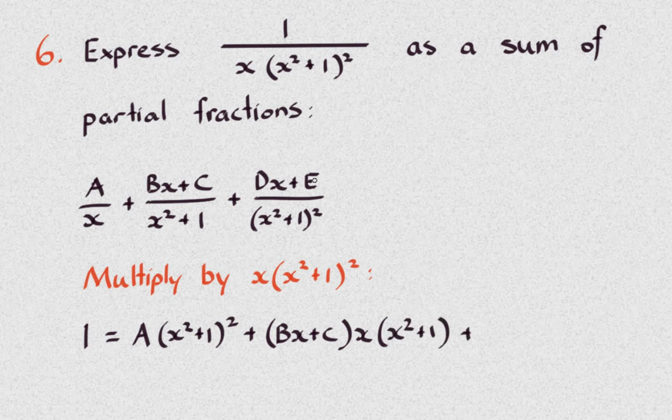Finally, with our third fraction, we have our dx plus e, and it is the (x squared plus 1) all squared that cancels, and so it's just this x that remains attached.